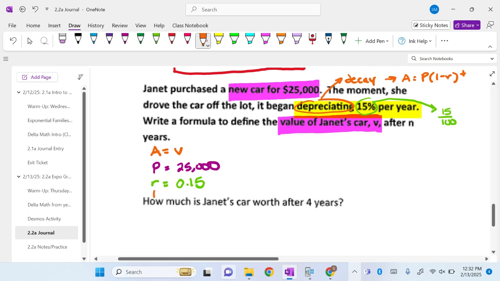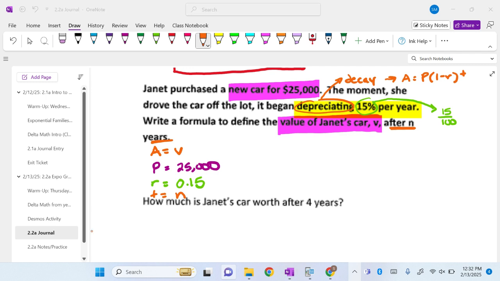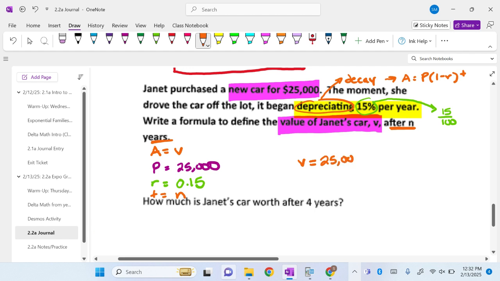And then finally, what am I replacing the T with? N. Because it says after N years. So I'm just going to take all those values and plug it into my formula. So I get V is equal to 25,000 times 1 minus 0.15, all raised to the N power.